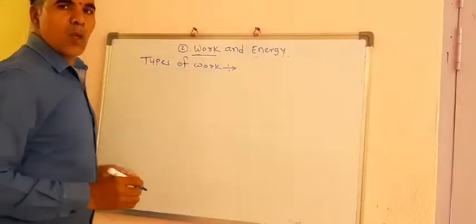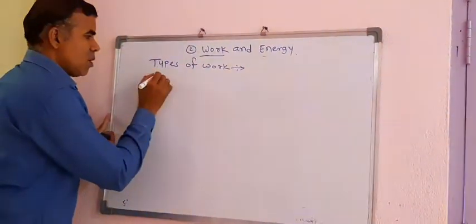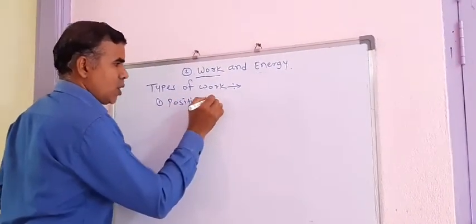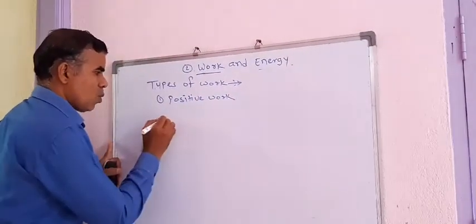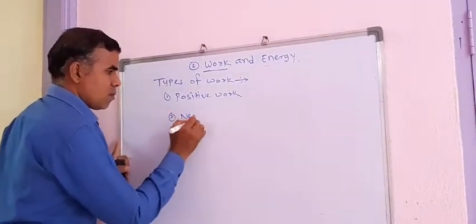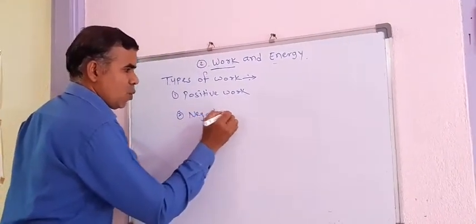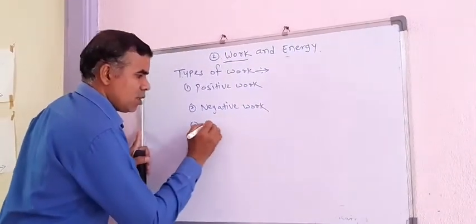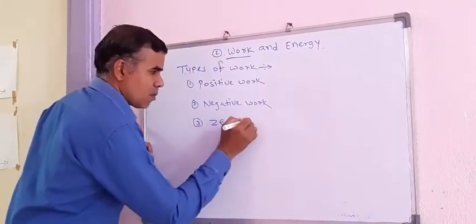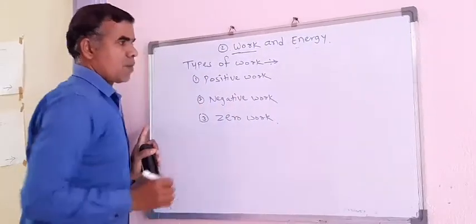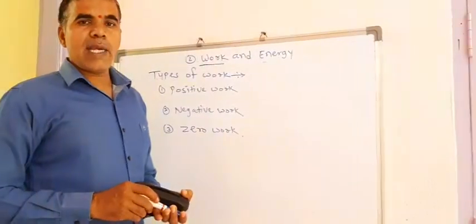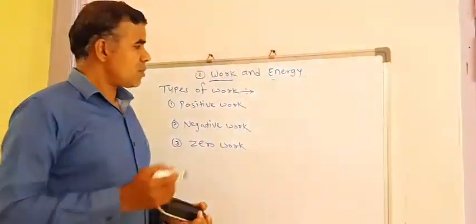There are three types of work: number one, positive work; number two, negative work; and number three, zero work.